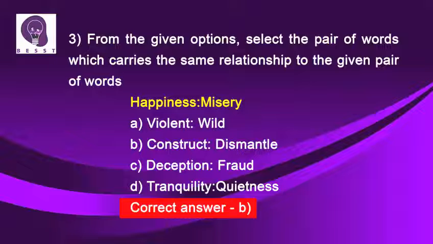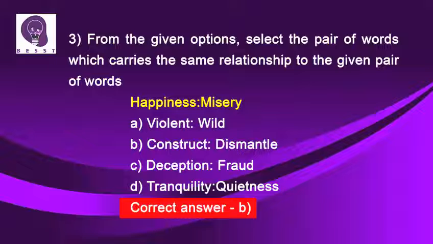Option number B is construct is to dismantle. Now construct and dismantle are opposite words, as dismantle means to deconstruct. Therefore option number B has the same relationship to our given question. Now let us see the other two options also. In option number C, we are given deception is to fraud.